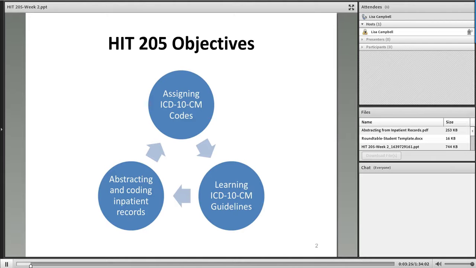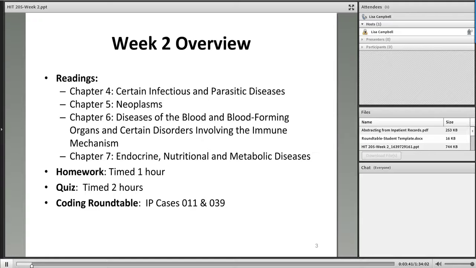It's really positioned you for being able to learn the basics of abstracting and coding inpatient records. Okay, so these are our 3 main objectives each and every week. So let's talk about what you can expect for week number 2.